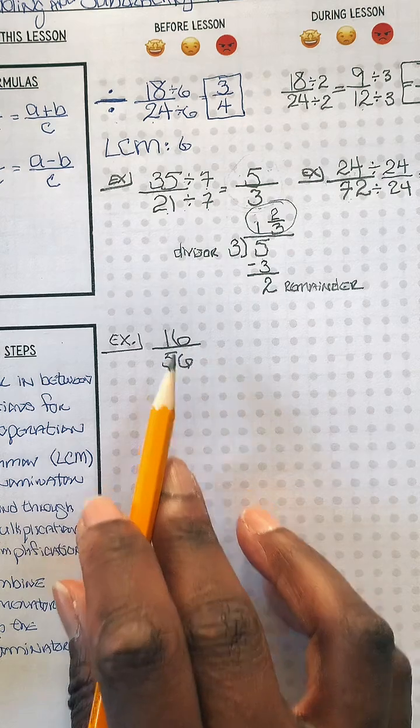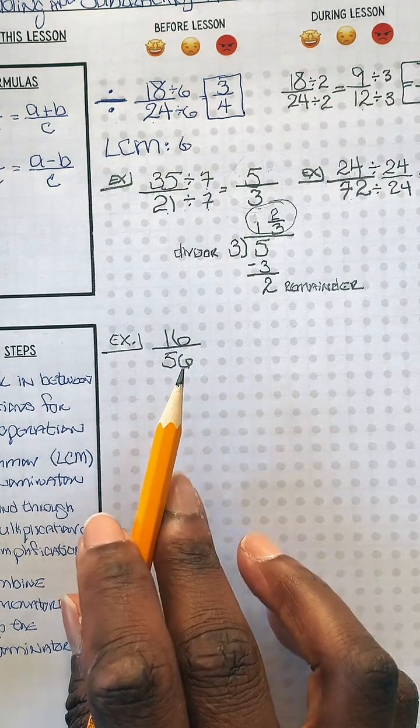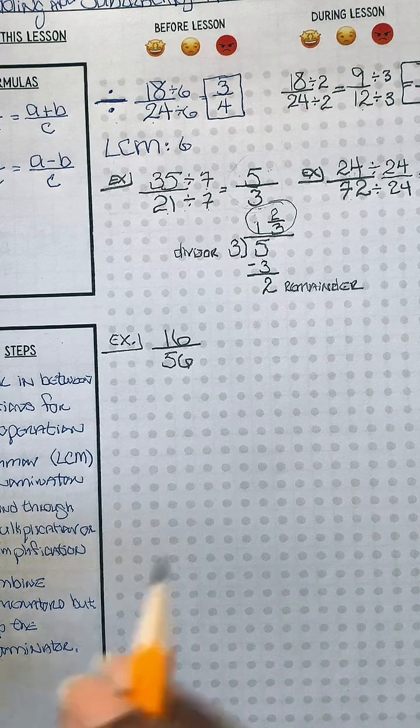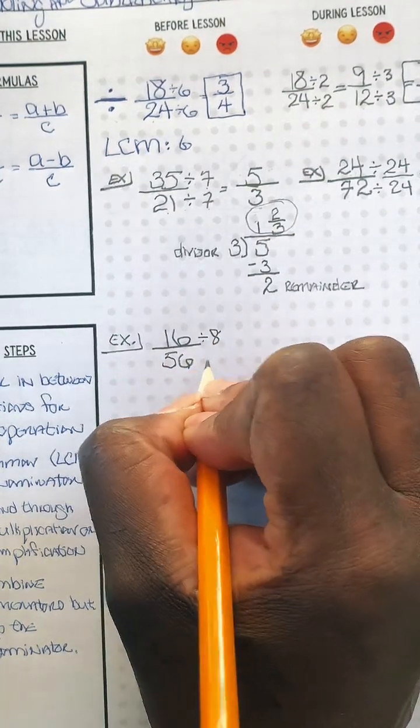So, 16 and 56. What do they have in common? Tracy says 8.